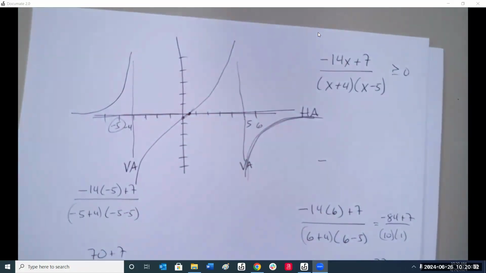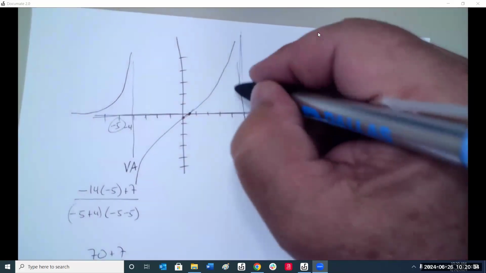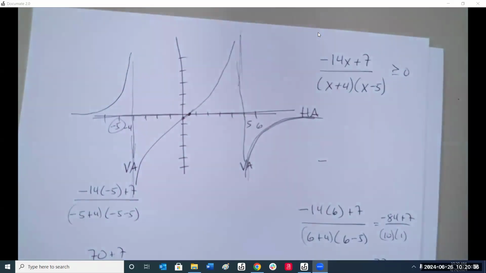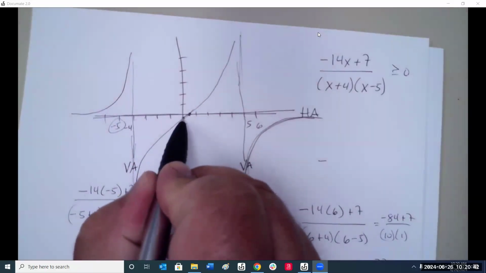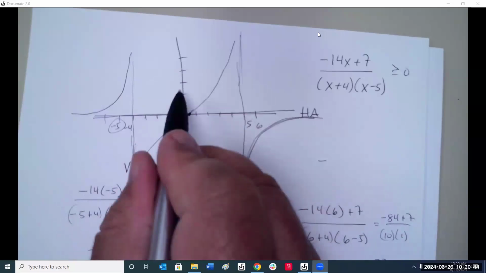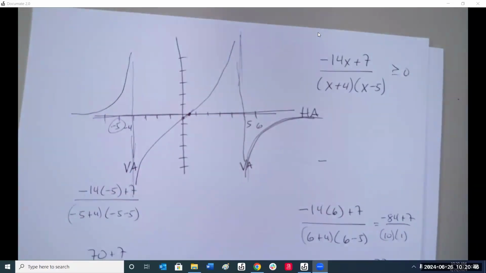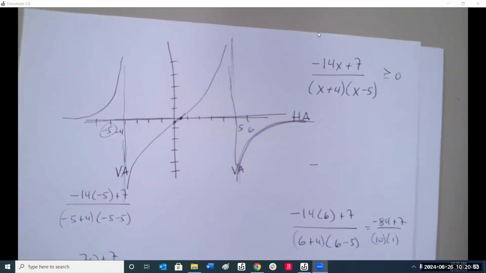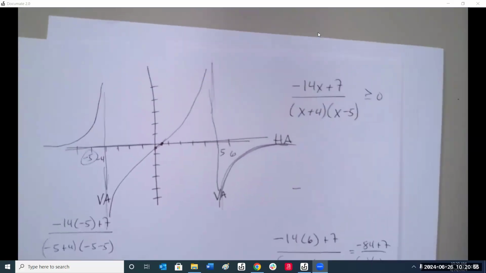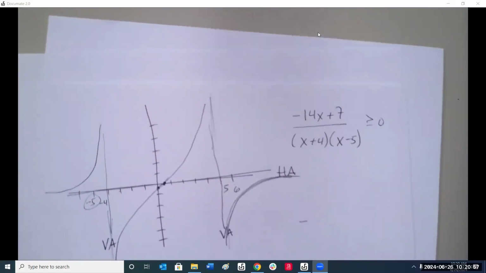It's going to get close to the vertical asymptotes, because it has to cross the x-axis there, has to cross the y-axis, and nowhere else. So that's the graph. What do y'all think? All right. That's it for that section.